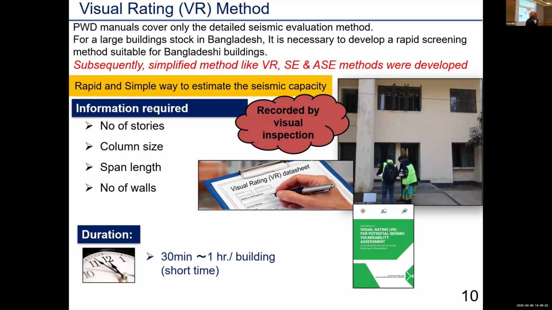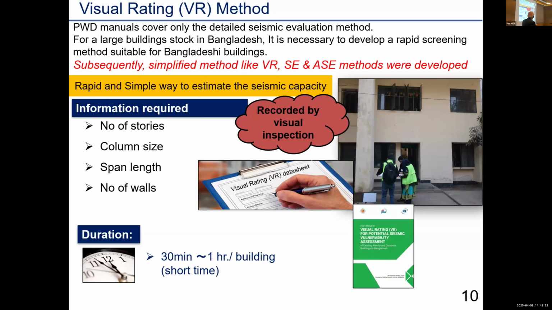About the visual rating method, this is a very simplified, rapid screening method, very simple. You can assess a 6-story simple building within 30 minutes to 1 hour. Very simple and straightforward. The information required is minimal: number of stories, column size, span length, number of walls.